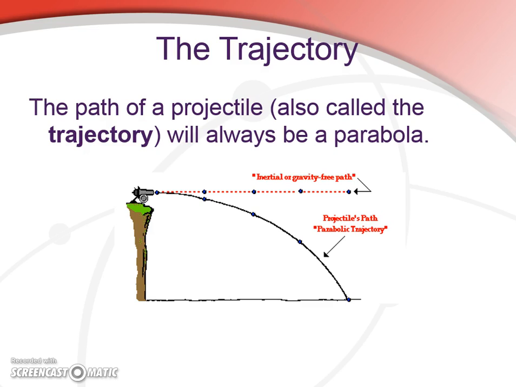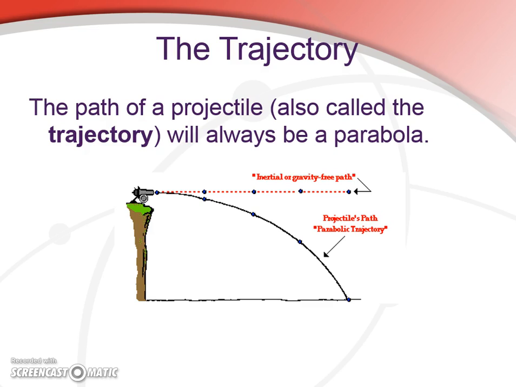One of the key terms that we use when we talk about projectiles is their trajectory. And in gravity, a projectile will always form a kind of a parabola. So here's an example of a cannon firing directly off of a cliff. And we can see up top the direction of the projectile were there no gravity acting on it.